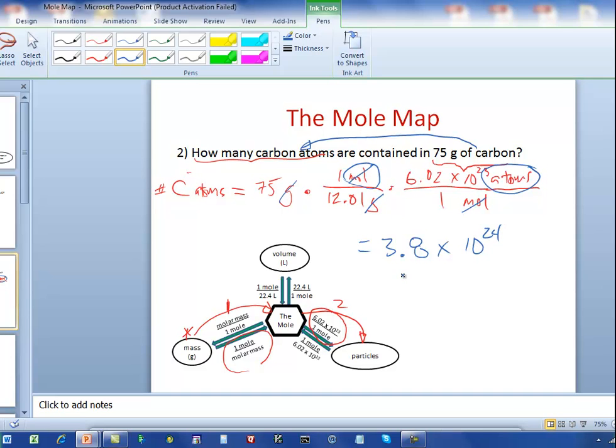My calculator actually says 3.759367 and so on, but we are given two significant figures in the problem, so we really should only keep two here. So that's that many carbon atoms. All right, and that's our answer for that one.